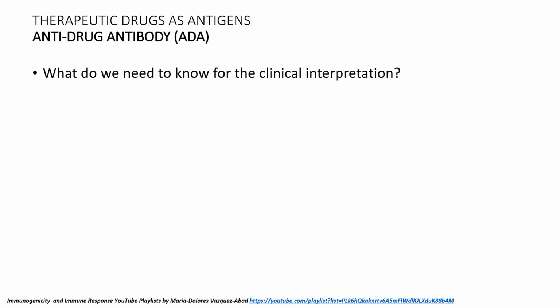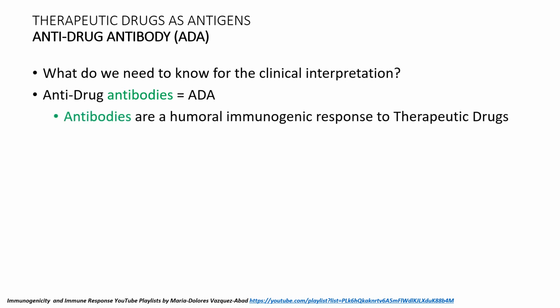So what do we need to know for the clinical interpretation of anti-drug antibodies? Well, first of all, anti-drug antibodies are antibodies. These antibodies are a result of a humoral immunogenic response to therapeutic drugs, in other words, B cell activation. So this does not cover any cellular immunogenicity that could happen in the absence of antibodies.